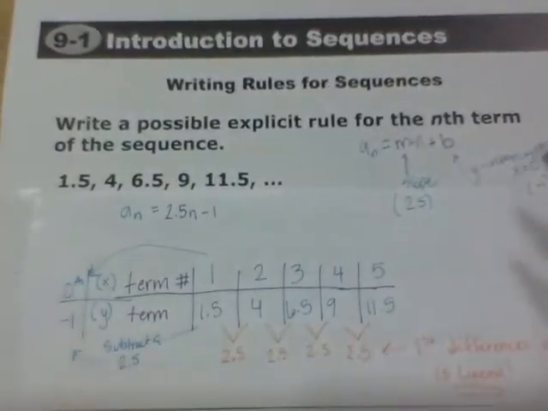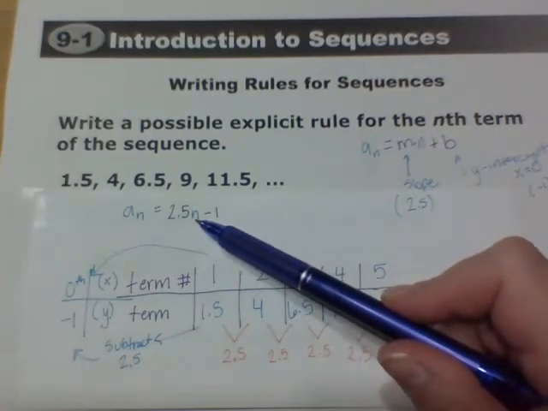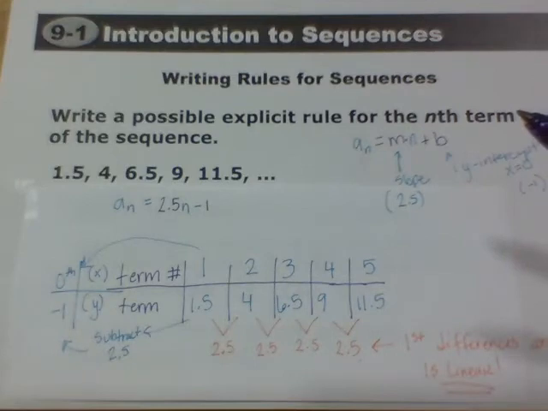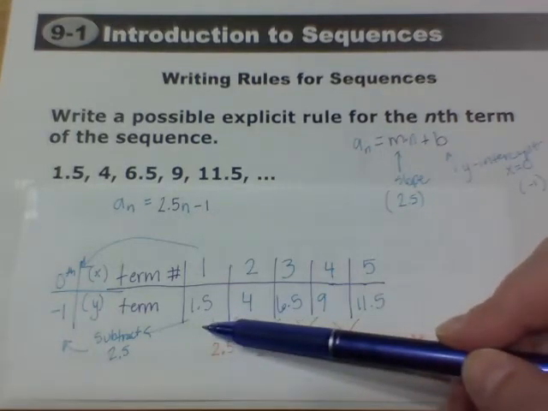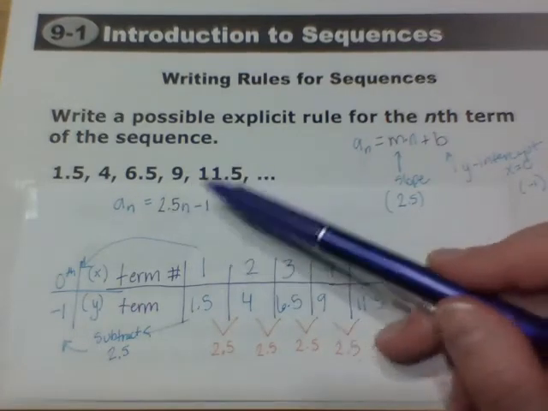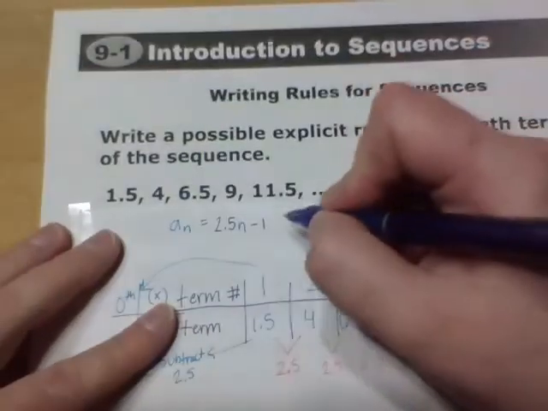So now all we have to do is check to see if this works each time. So if I plug in a 1 right here, I'm going to do 1 times 2.5. Yep, that's 2.5. And then subtract 1, that's 1.5. If I plug in a 2, 2 times 2.5 is 5. And then subtracting a 1 is a 4. So it turns out it works each time.